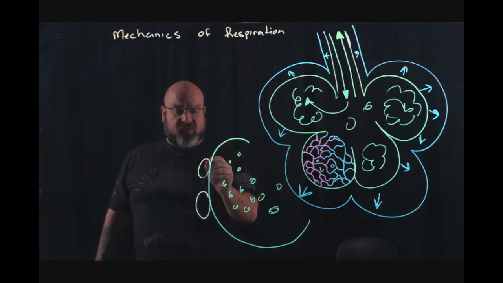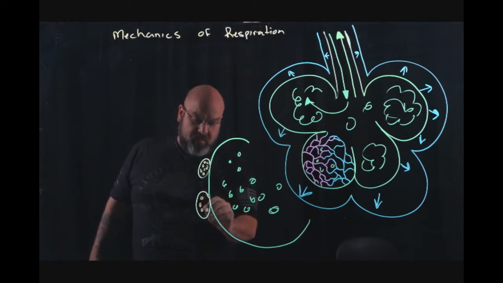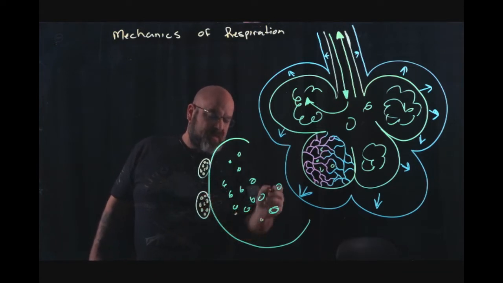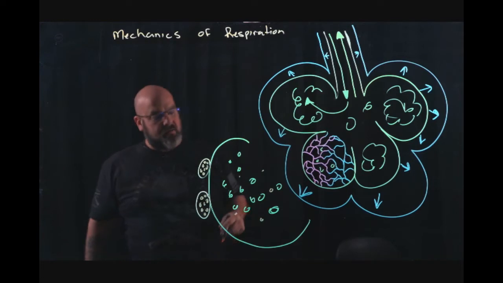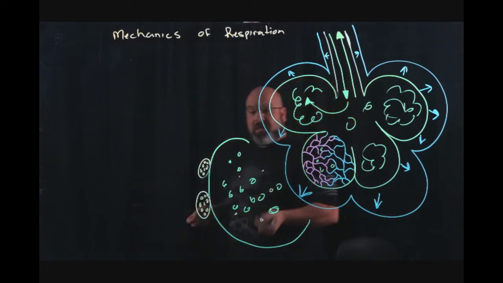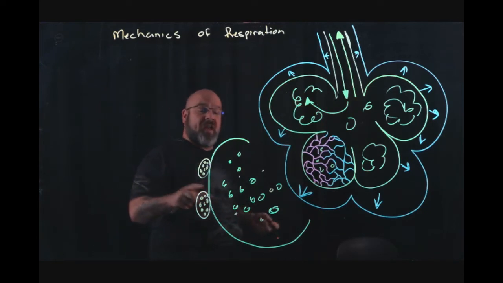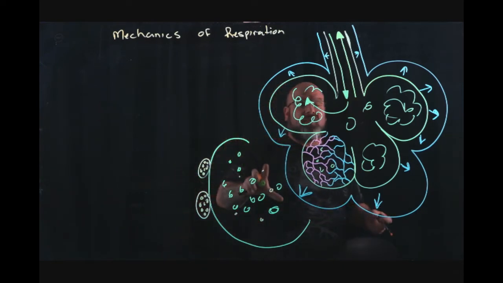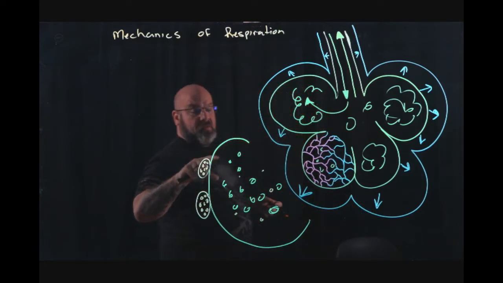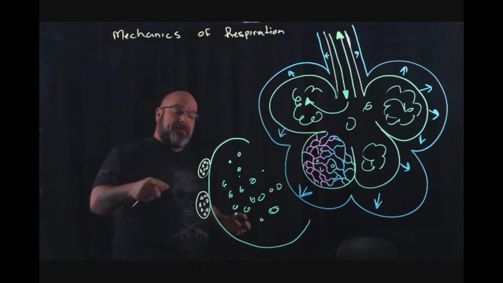We're going to use orange for CO2. And in our capillaries, we have more CO2 or carbon dioxide. We have a little bit in the air that we breathe normally. So now our pressure gradient that we talked about with actual pressure, now we've got gaseous pressure. So now we've got a higher concentration of oxygen in the alveoli and a lower concentration of oxygen within the capillary, and vice versa.